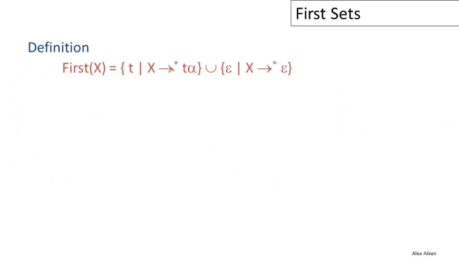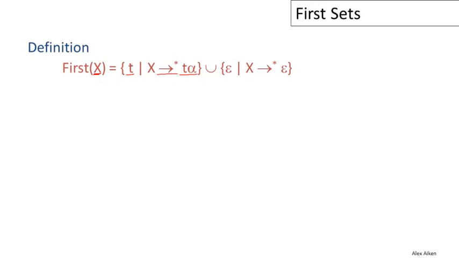All right, let's focus now on our main topic for this video, the computation of first sets. First of all, we have to have a definition of what a first set is. For an arbitrary string x, it could be a single terminal, a single non-terminal, or a string of grammar symbols. If that x can derive t in the first position through some sequence of moves, then we say that t, a terminal, is in the first of x.